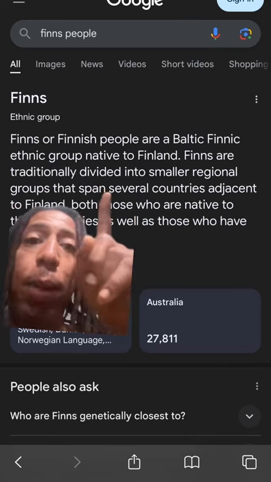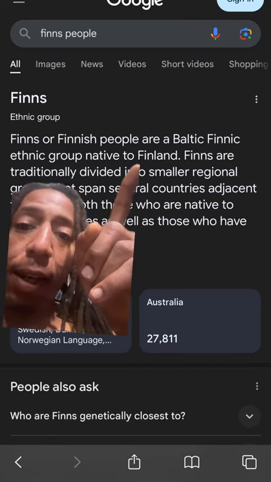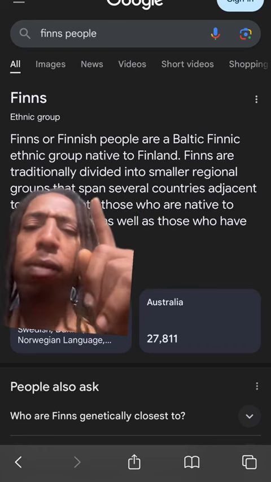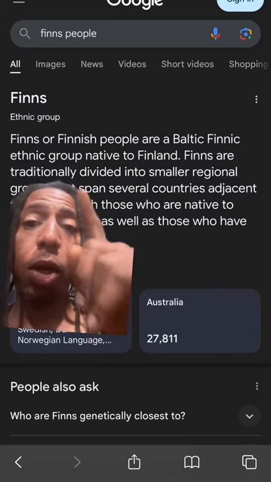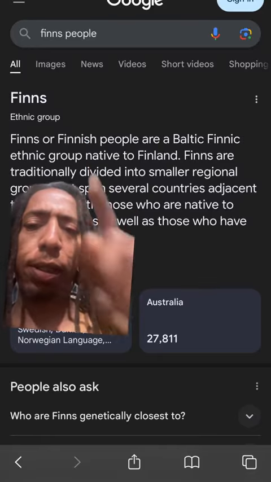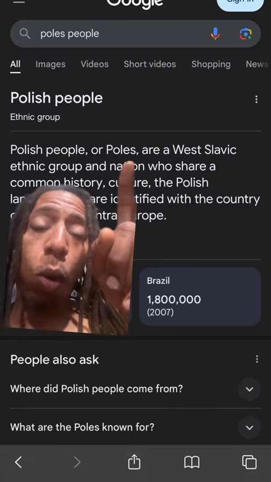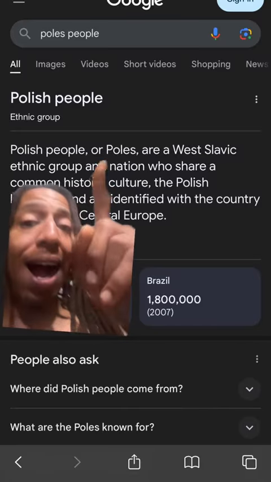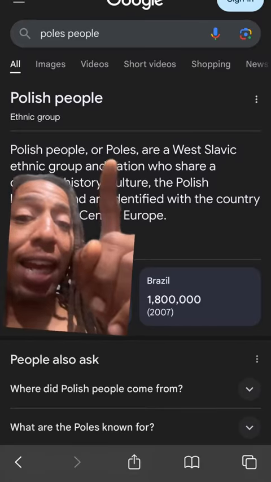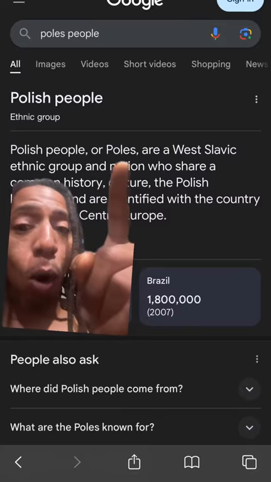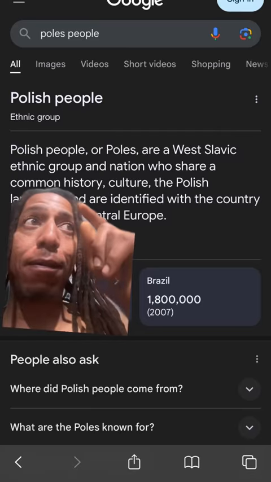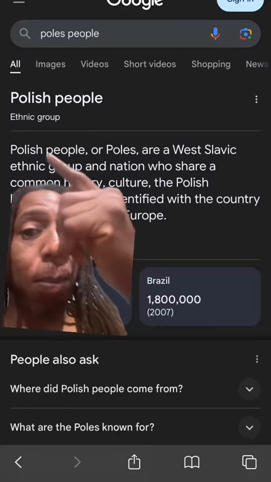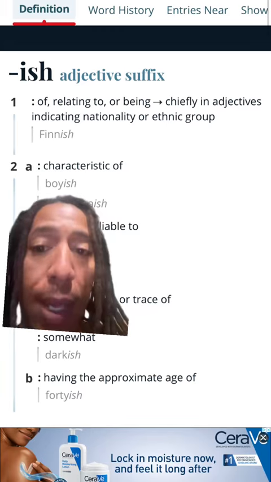Finns are people from Finland, like Ireland, okay? But if you have just a little bit of that blood in you, you are Finnish. Poles. These are people from Poland, Ireland, Finland, Poles, Finns, and whatever, right? But if you have a little bit of it, you're Polish.